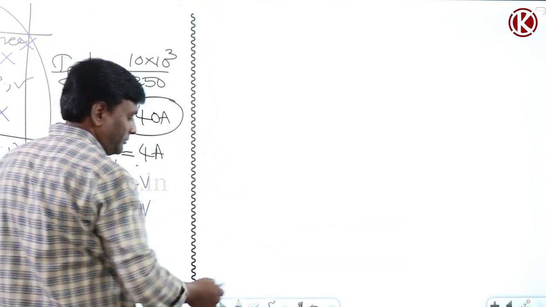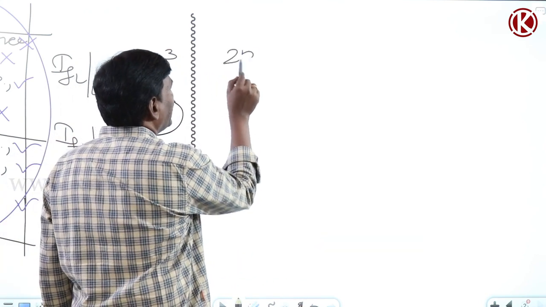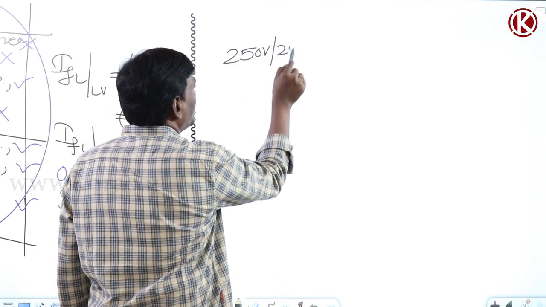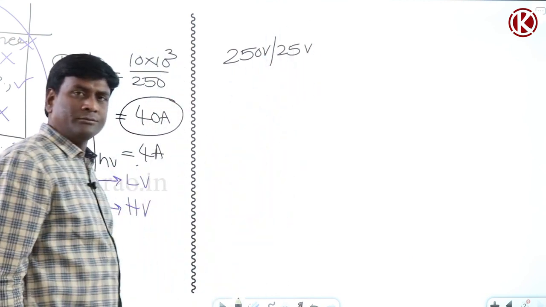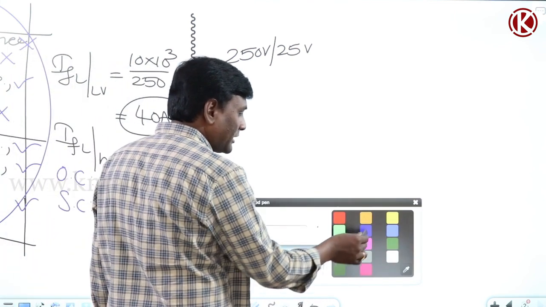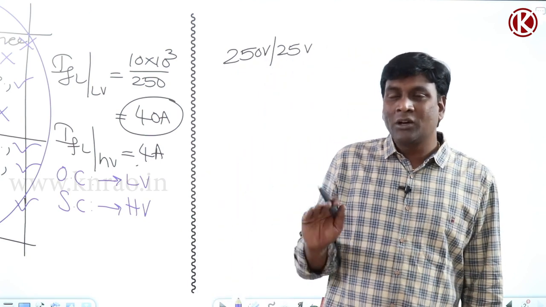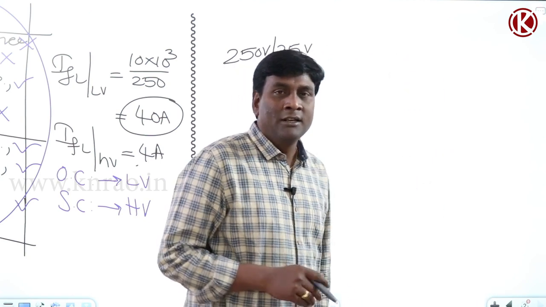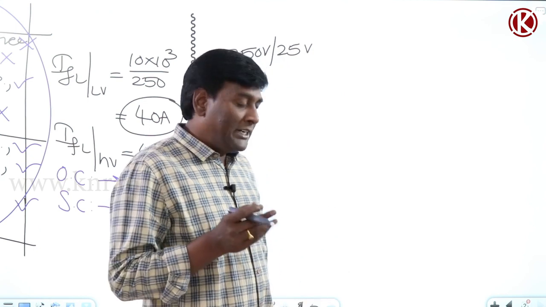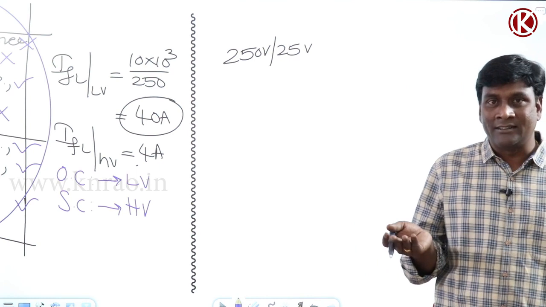if I think of one transformer which is having 250 volts by 25 volts, now upon that transformer I have to conduct OC test and SC test. So where to conduct OC test? Normally I said previously that it may be better to conduct OC test on LV side.